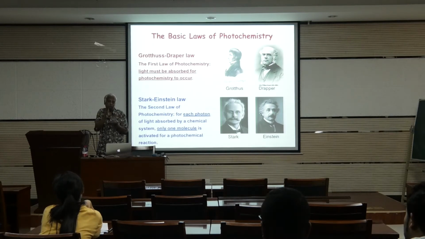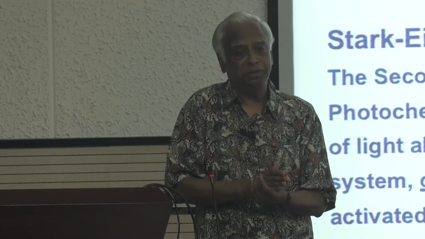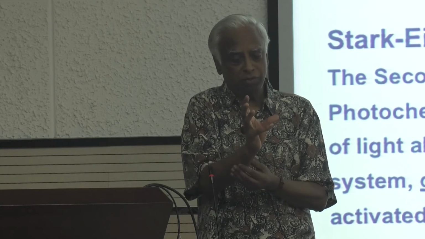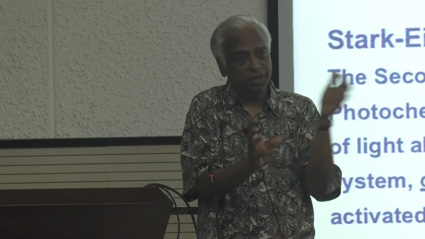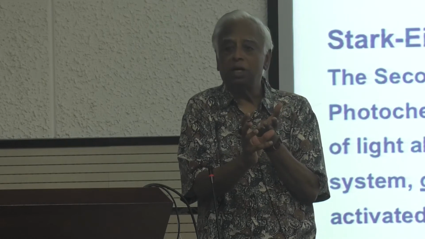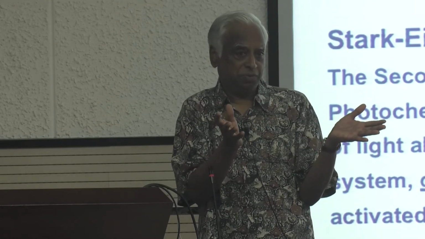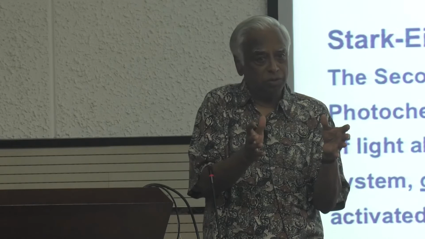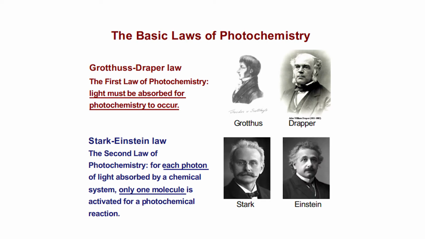And you can count the number of photons. So each molecule will absorb only 1 photon. If you have 1 molecule and you keep on irradiating, it doesn't mean it will absorb 5 photons. If you have 100 molecules and you want them to react, you have to have 100 photons. If you have 20 photons and you want 100 molecules to react, only 20 molecules will react. 80 molecules will not react.